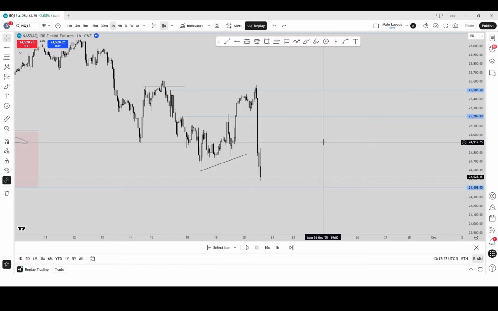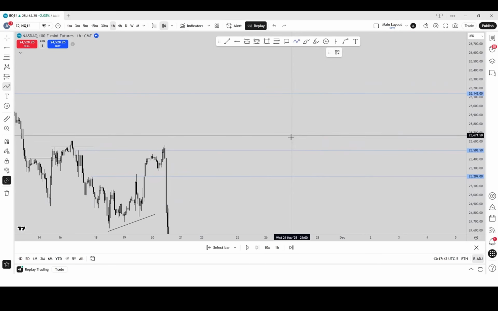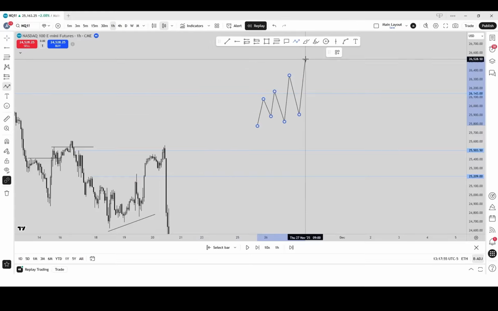Now, once the low gets respected, let's say something like this happens. Boom, we induce buyers right here. If price comes into the low and moves away, now we have some sort of liquidity here.